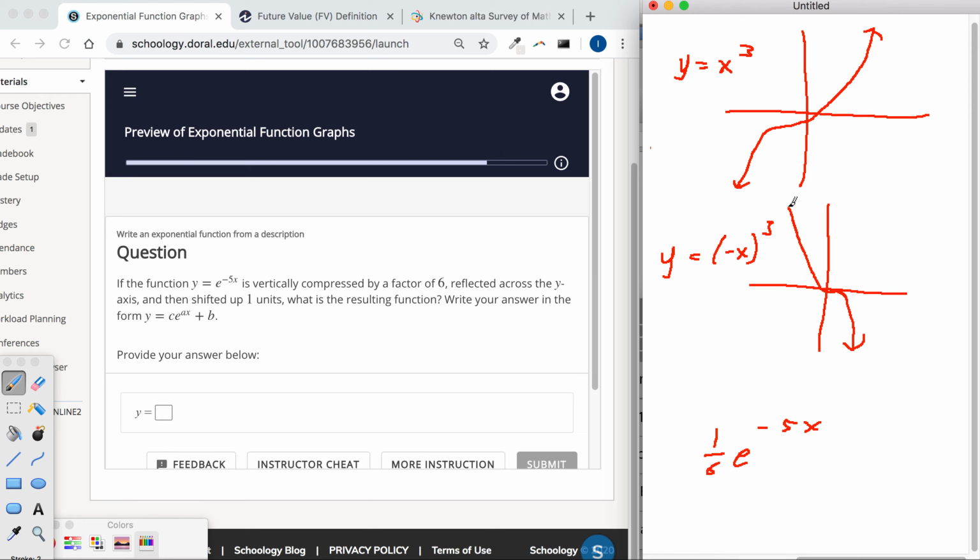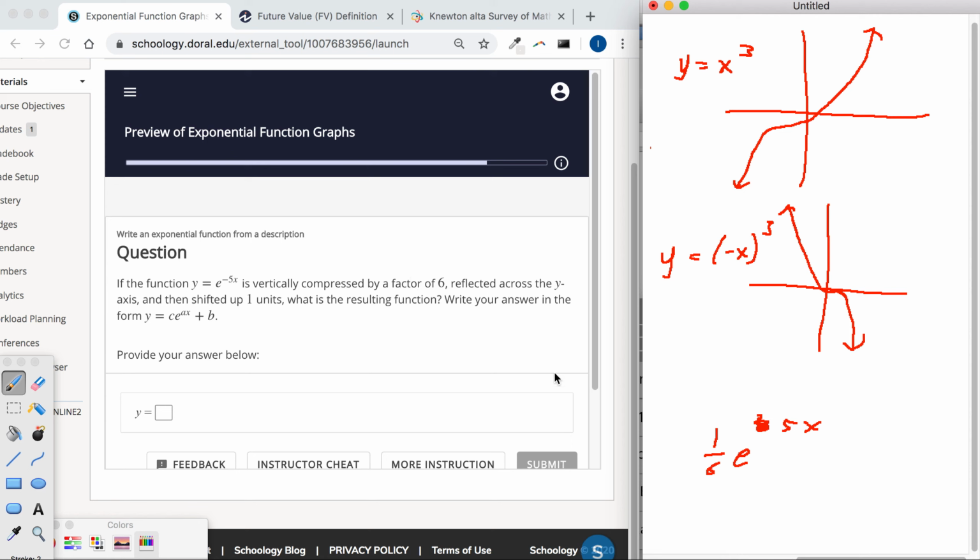It's a mirror image on the y-axis. So if you change the sign of the variable from positive to negative, it flips it on the y-axis. For my problem, if you plug in -x here, it's a negative times a negative, so might as well call that a positive. That causes a reflection across the y-axis.